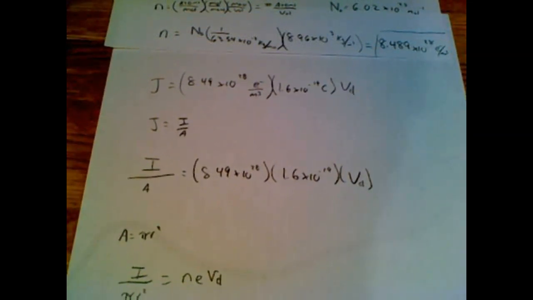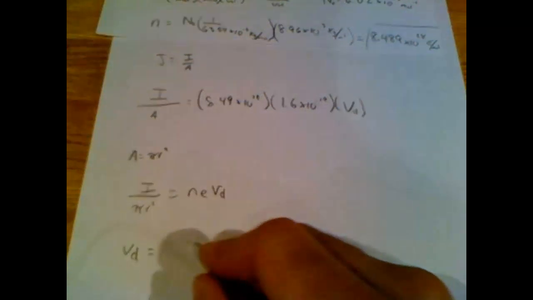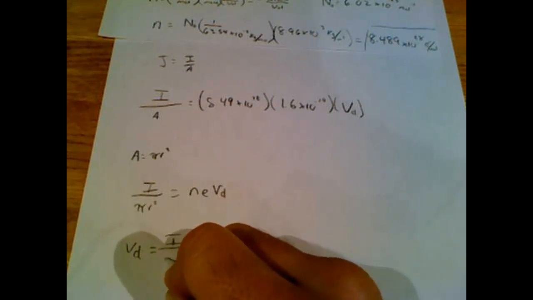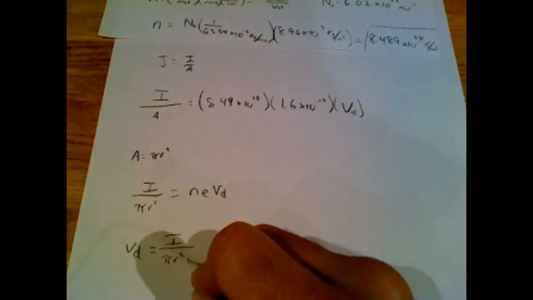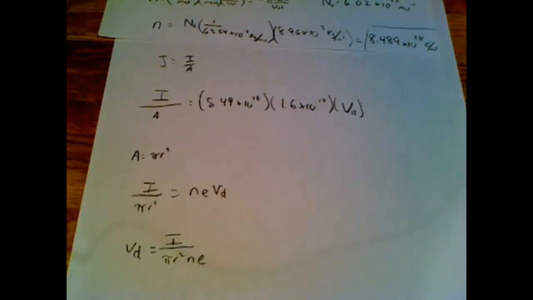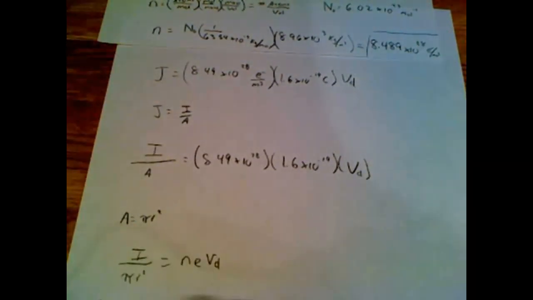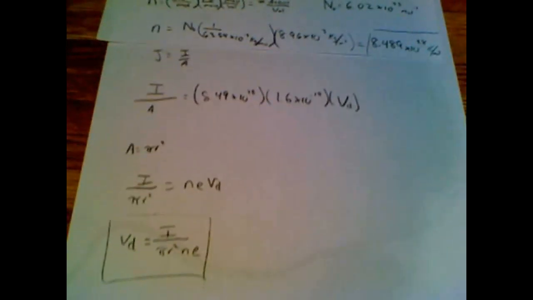So now I can rearrange, and my drift velocity is equal to I over pi r squared times n times e, the charge of my electron. Yeah, that looks right. This is my general solution.